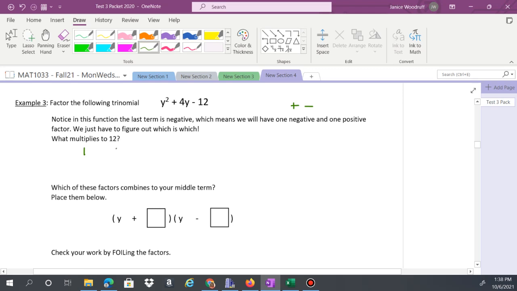We have 1 times 12, 2 times 6, 3 times 4. Do any of these have a difference of 4? 2 and 6. Then I have to ask myself, am I going to do 2 minus 6 or 6 minus 2? We want a positive 4, so we would do positive 6 minus 2. So you get (y plus 6)(y minus 2).